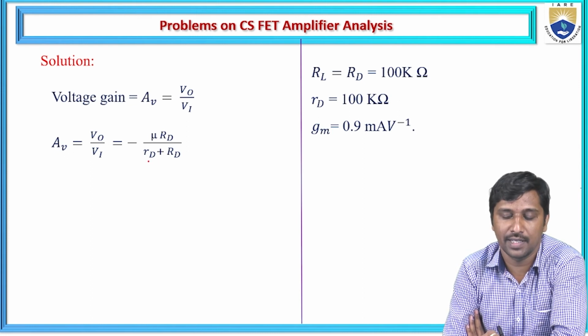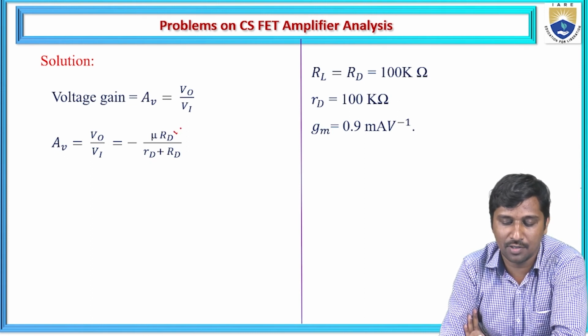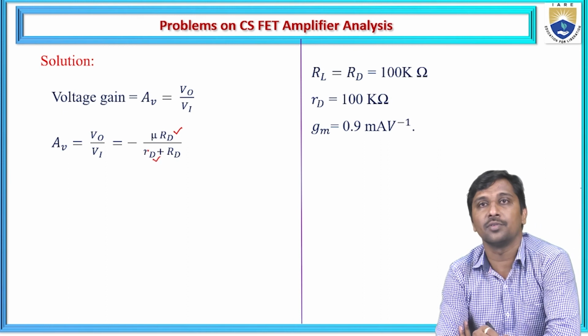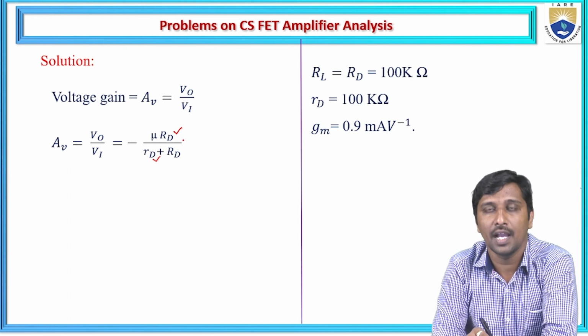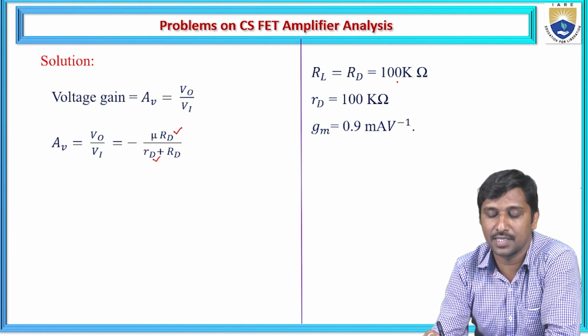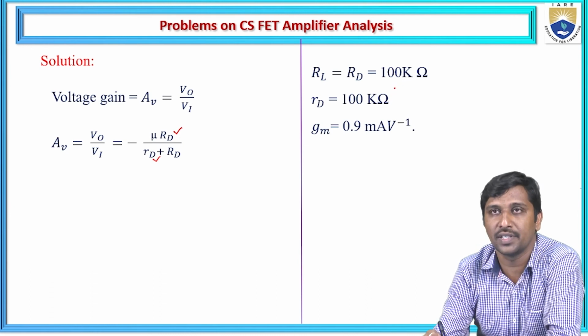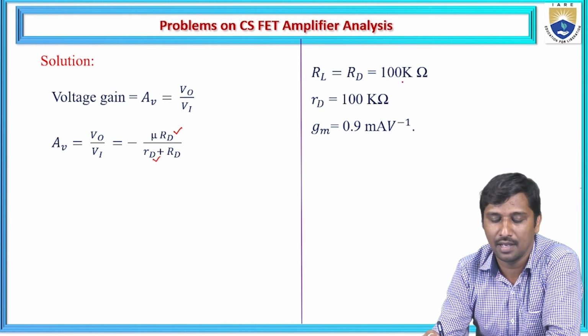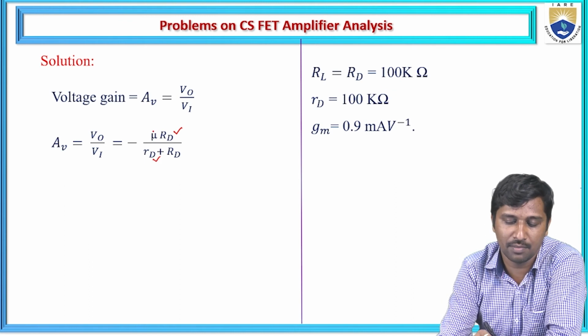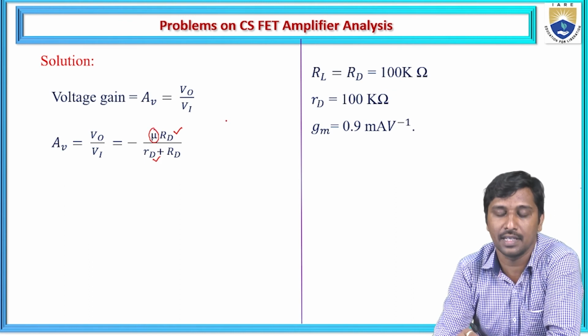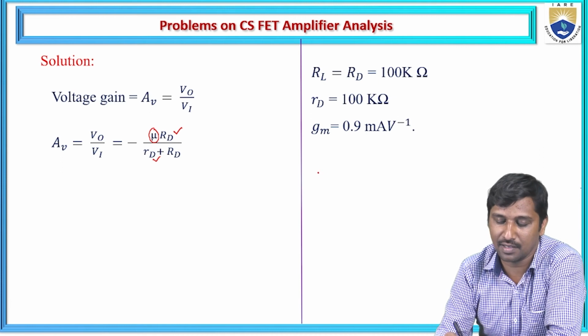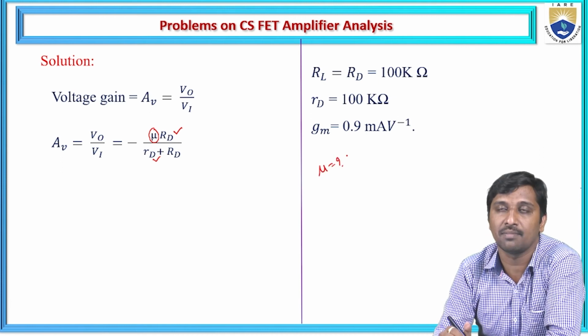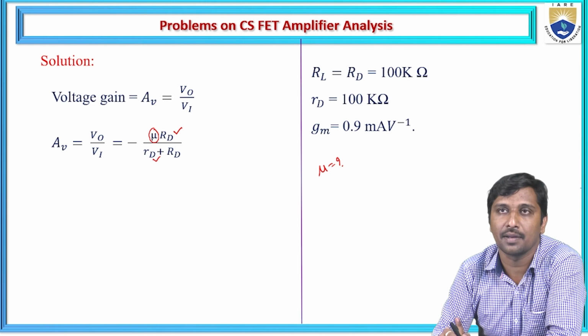If you observe this mathematical relation, capital RD is a known parameter and small rd is a known parameter. Both the external load resistance and internal drain resistance are 100 kilo ohms. One unknown parameter is mu. First, we need to calculate the amplification factor. Hence, first we need to determine this amplification factor.